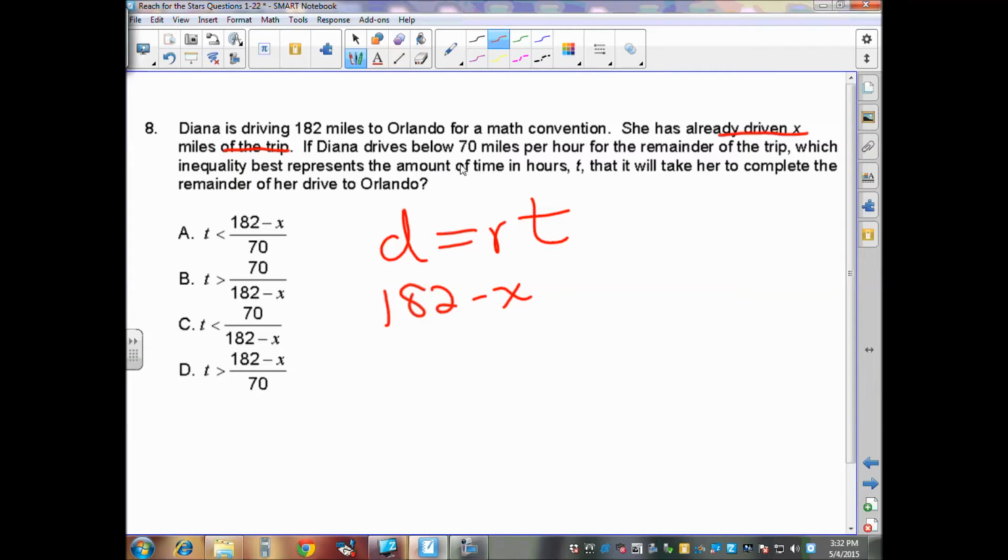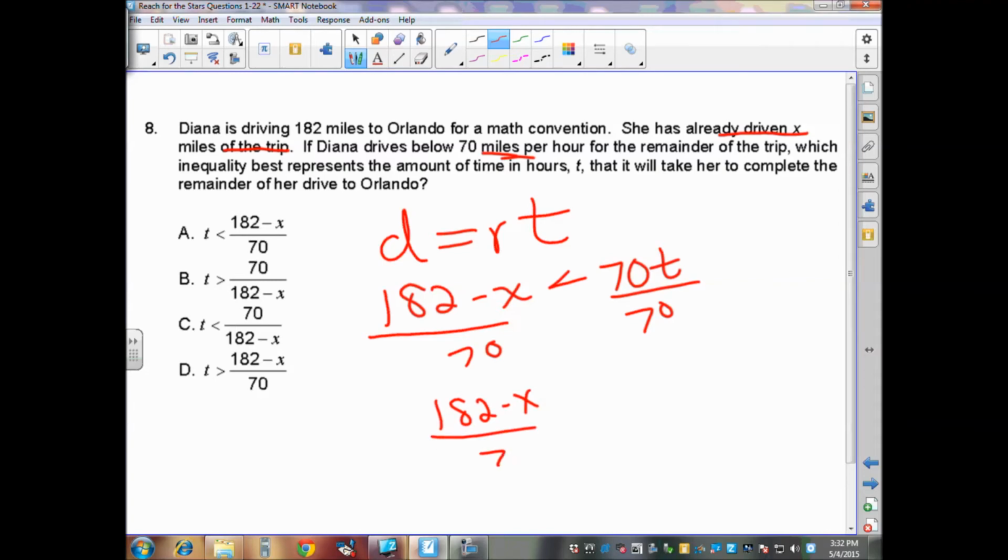Okay, if she drives below 70 miles per hour for the remainder of the trip, which best represents the time? So we divide by 70, and we get this answer. Another way of saying it would be D.